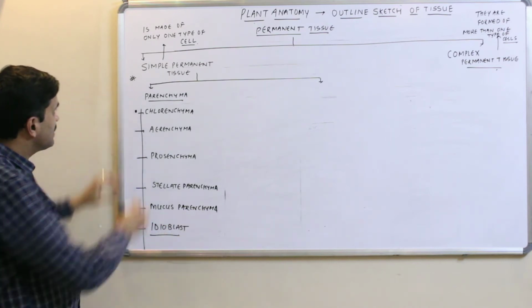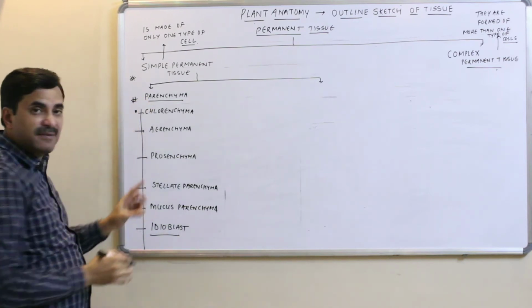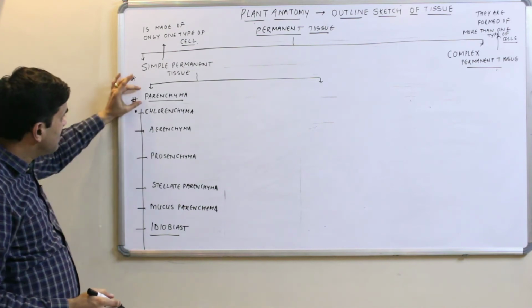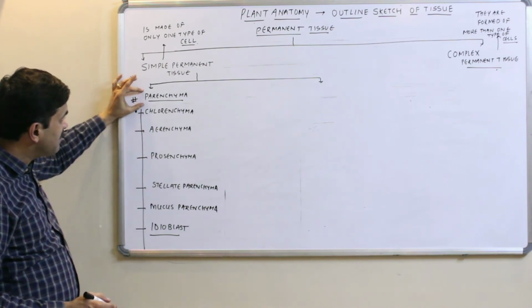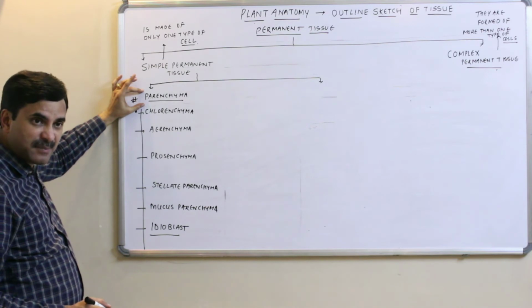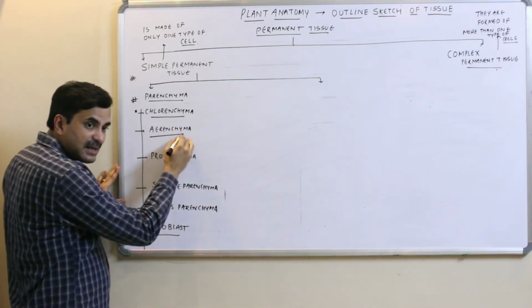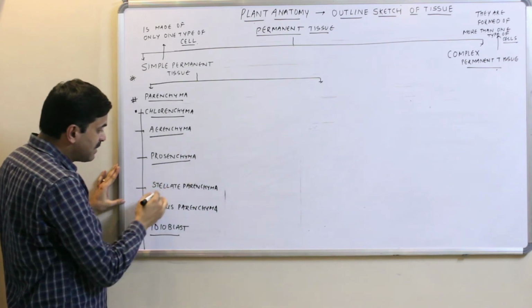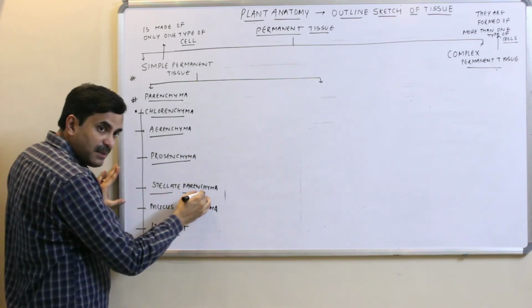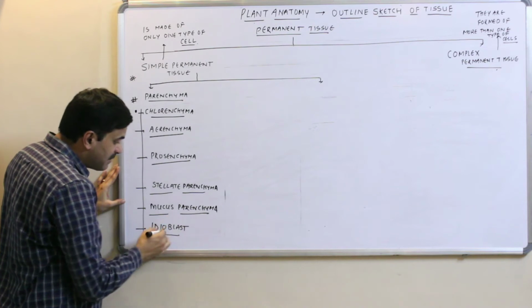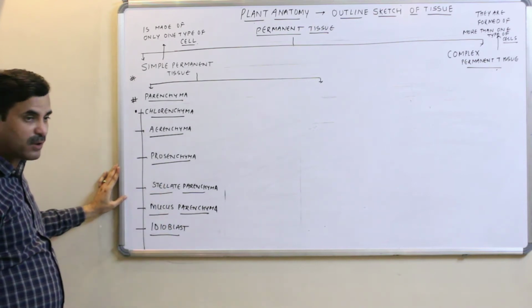Alright. So simple permanent tissue is classified into three categories. Number one is the parenchyma. Parenchyma is again of various types: chlorenchyma, arenchyma, prosenchyma, stellate parenchyma, mucous parenchyma, and the idioblast cells. Alright.